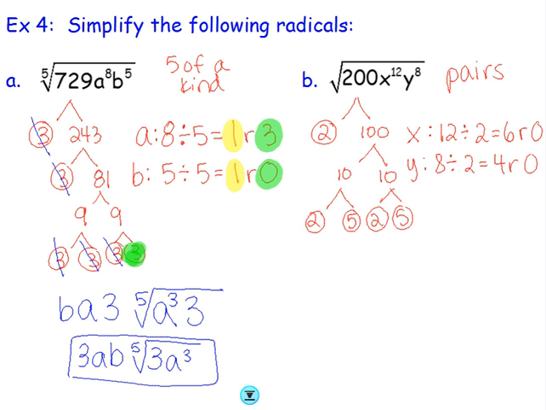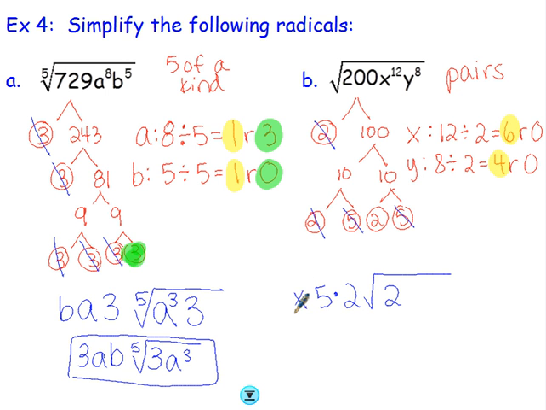So we're looking for pairs. That's 2. 1, 2 2's. Outside of the square root is a 2. 1, 2 5's. Outside of the square root is a 5. The 2 here goes inside. Let's look at the letters. The 6 and the 4 are what goes outside.